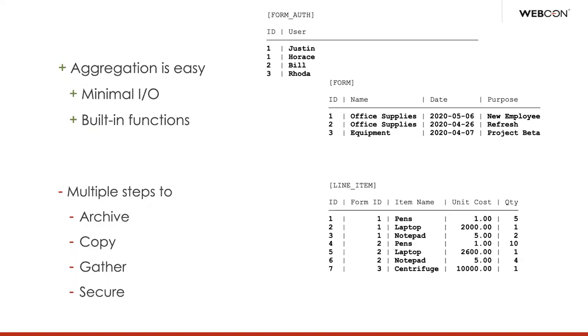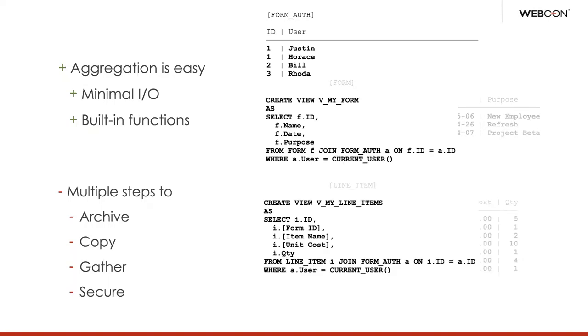So I'm going to create views where there's a join to make sure that you're only allowed to see the items where you, the current user, are listed inside of that authorization table. It's not like you can't do this. It does work. It's just a lot more work for you, the solution designer, to go through.